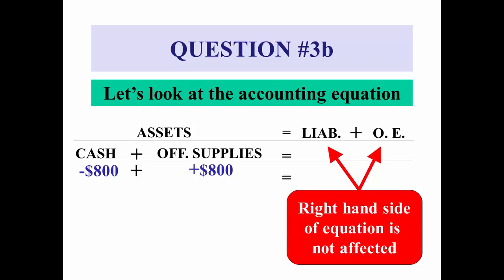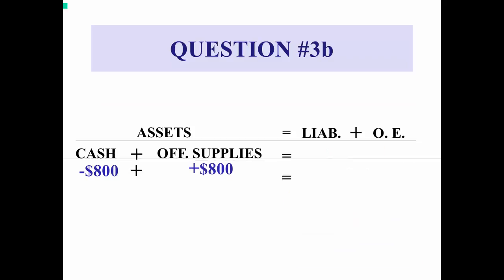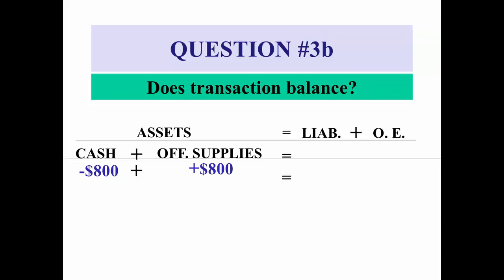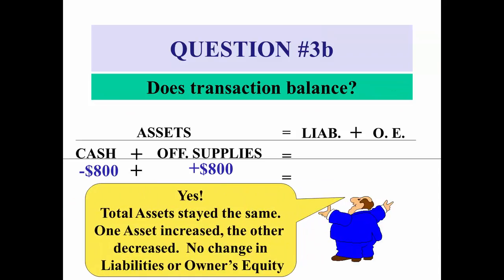There's nothing there. So the right-hand side equals 0. The asset side has a minus 800 and a plus 800. So the asset side is 0, and the liability and owner equity side is also 0. So it is in balance. 0 equals 0.